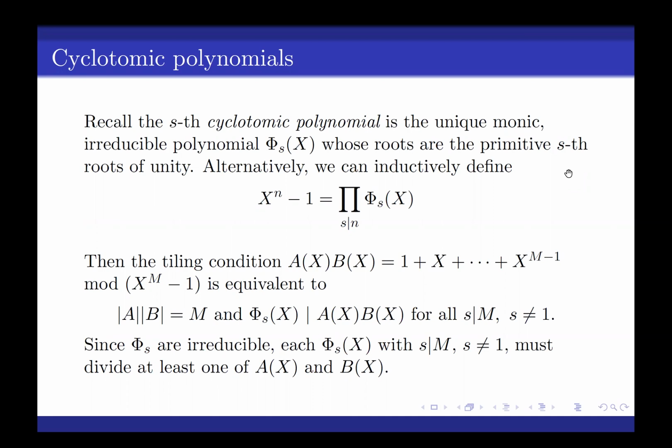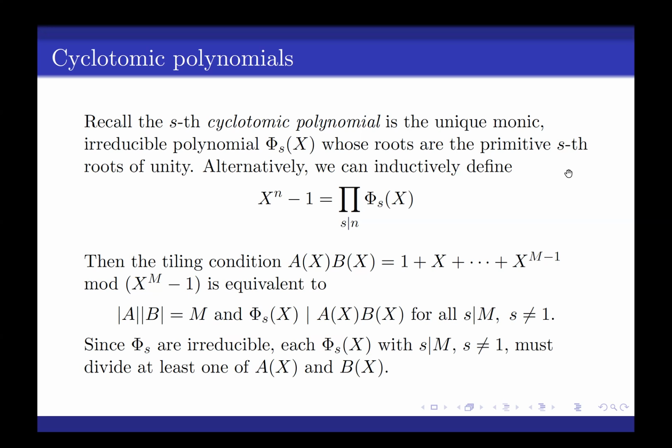But now, since cyclotomic polynomials are irreducible, it must divide at least one of either A or B. Before I move on, I want to make a distinction between two kinds of cyclotomic polynomials in connection with tilings: prime power cyclotomics and ones which are not prime power cyclotomics.